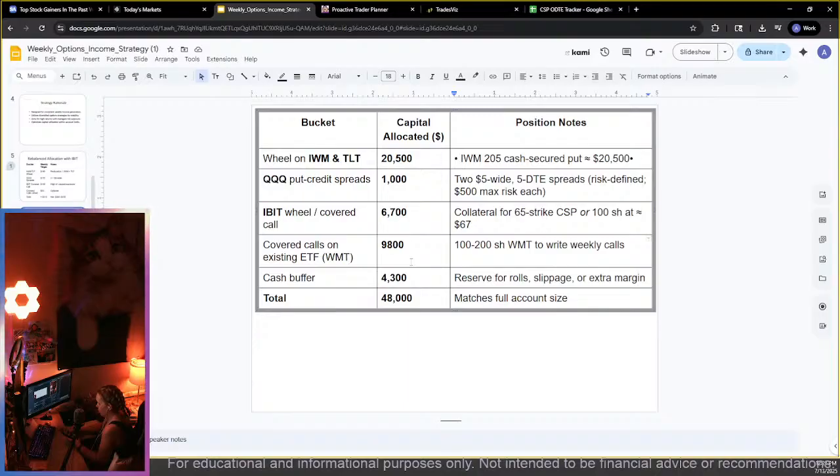Plus, okay, so we're at about 42, so we have a little bit more of a buffer. So let's go. I did this in a spreadsheet. I gotta get the spreadsheet going too.